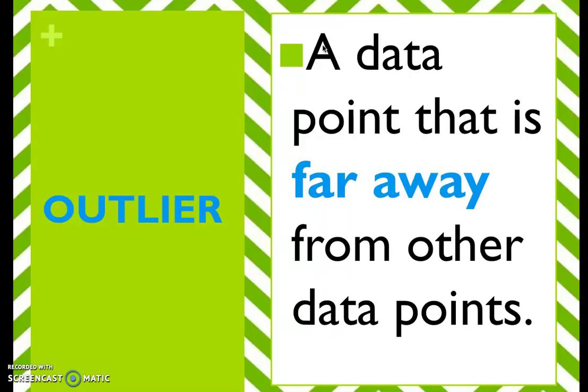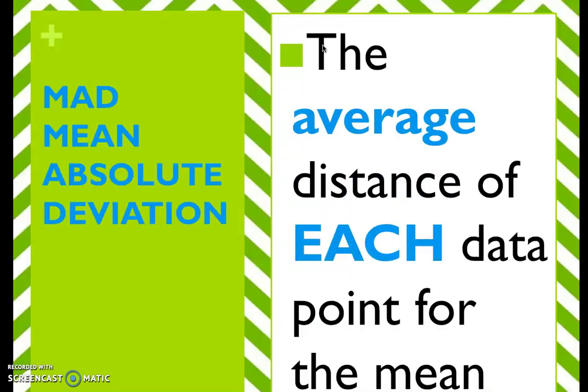All right, now the next one is a biggie. Okay, when I say it, it sounds a little scary. It is mean absolute deviation. In mean absolute deviation, we abbreviate with MAD and just call it the MAD sometimes. But the mean absolute deviation is the average distance of each data point from the mean.